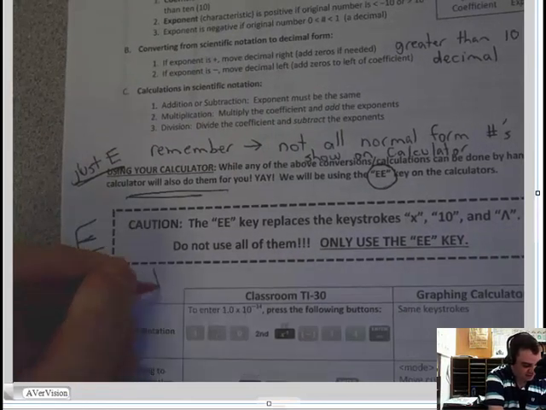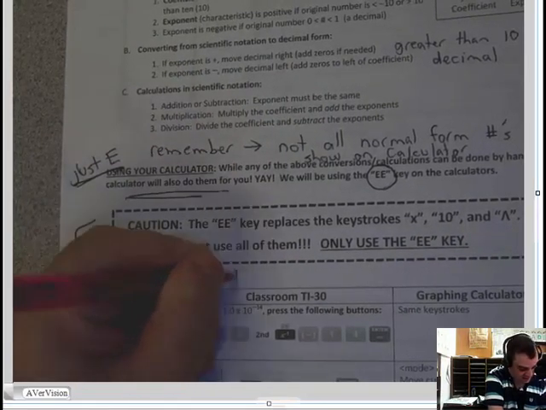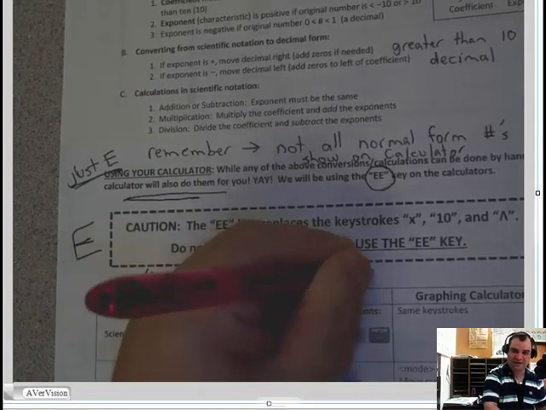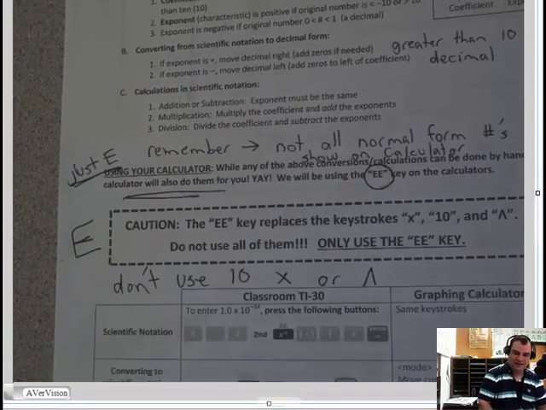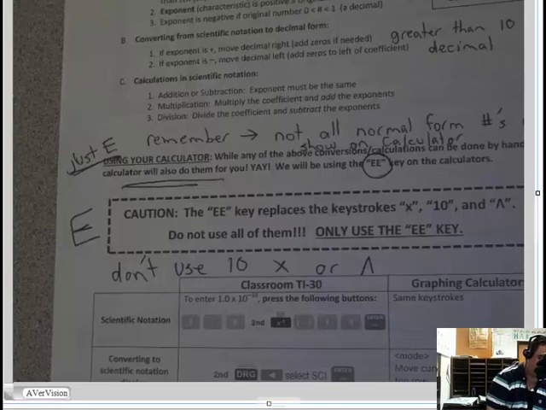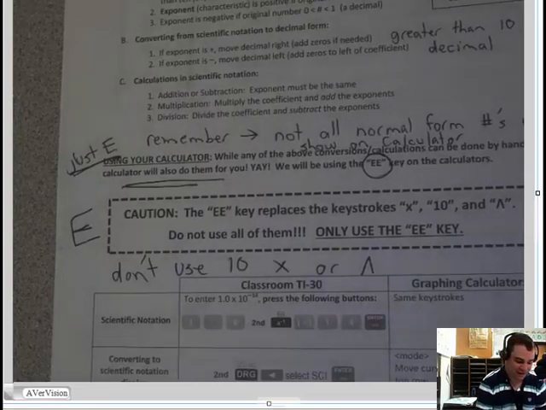Don't use tens, times, or carats. We do not want to use them. What happens is when you divide and you use those 10 times or carats, it actually multiplies and you get the wrong answer.